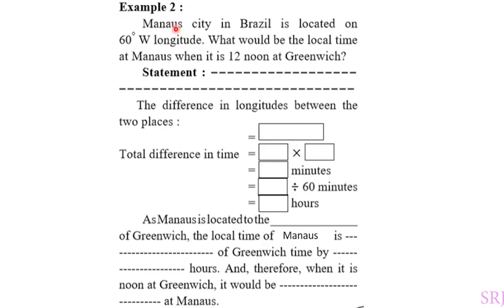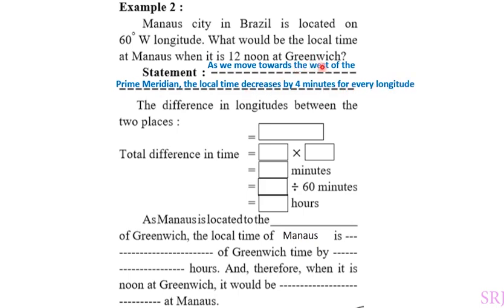Example 2. Manaus city in Brazil is located on 60-degree west longitude. What would be the local time at Manaus when it is 12 noon at Greenwich? So the statement will be, as we move towards the west of the prime meridian, the local time decreases by 4 minutes for every longitude.